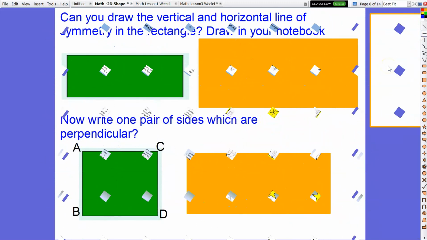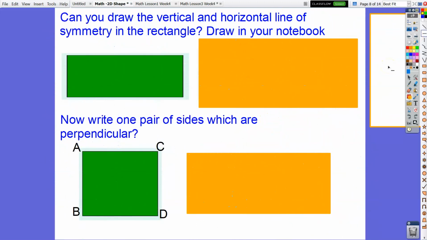Now, applying your knowledge in symmetry, I want you to draw vertical and horizontal symmetry on this rectangle shape. And also, write one pair of sides which are perpendicular from this shape of a square. It already has lines for you, so you just have to identify.